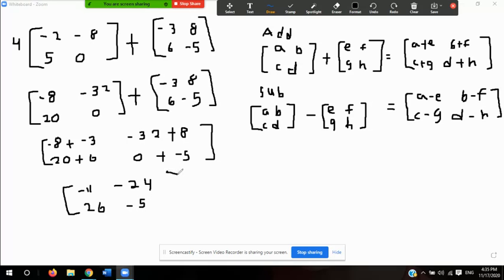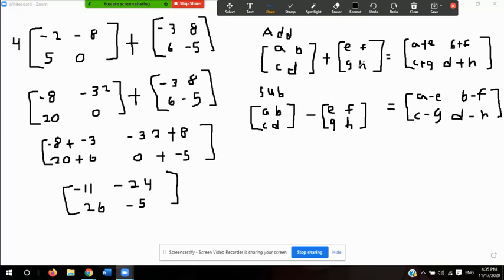And that would be the resulting answer to the matrix: negative 11, negative 24, 26, and negative 5. Let me take this negative 11 and fix it, because I write it a little bit better.